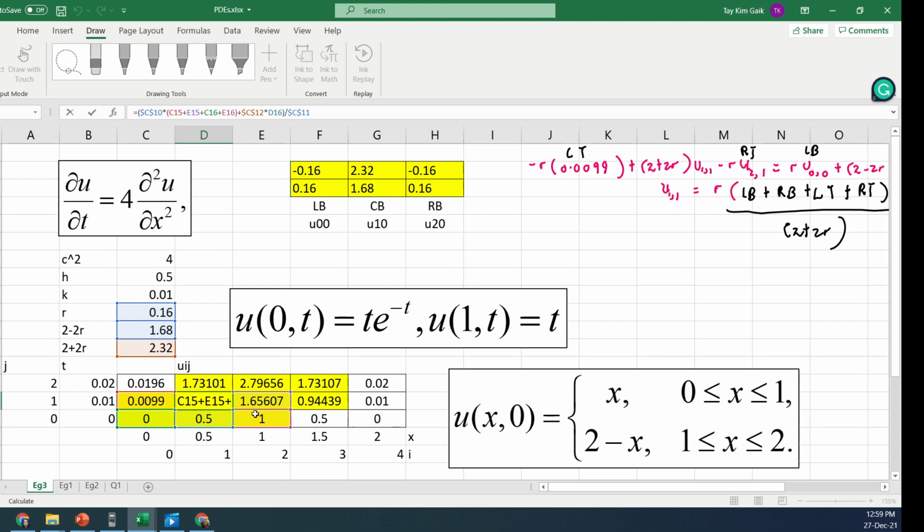C12 is wrong, it should be C11. Here, 2 minus 2R means the coefficient 2 minus 2R times center bottom, divided by the coefficient of 2 plus 2R, C12. Okay.